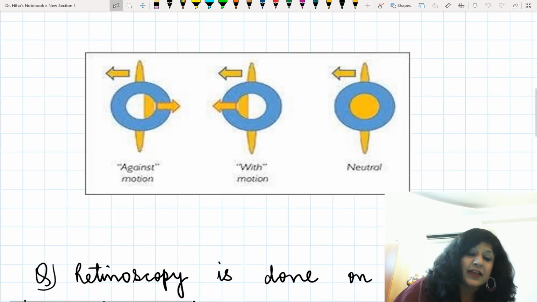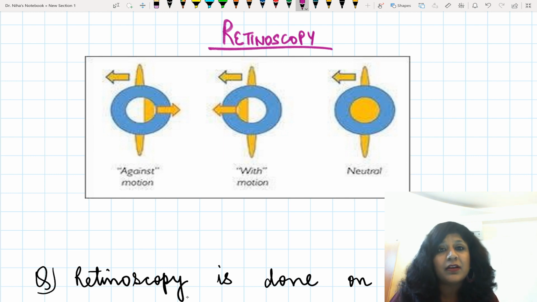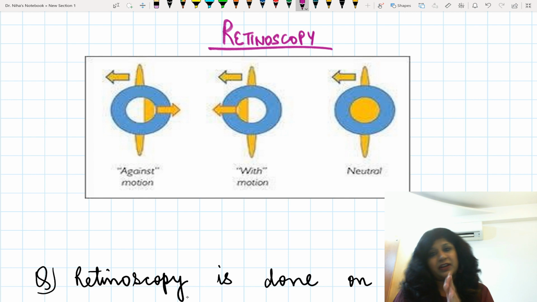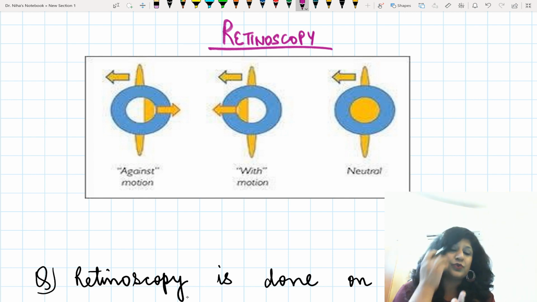Now see this. This is what you call retinoscopy, right? Retinoscopy that we can do with the help of a plane mirror, and we can also do it with the self-illuminated streak retinoscopes.